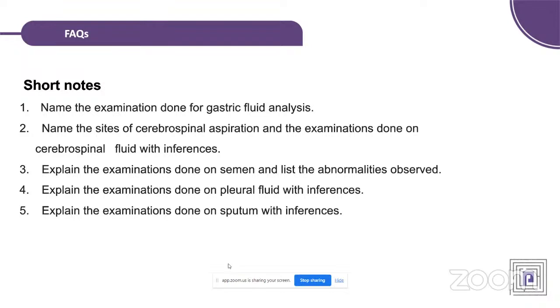So the examinations would be done, first thing, for any fluid we have to do a physical examination.